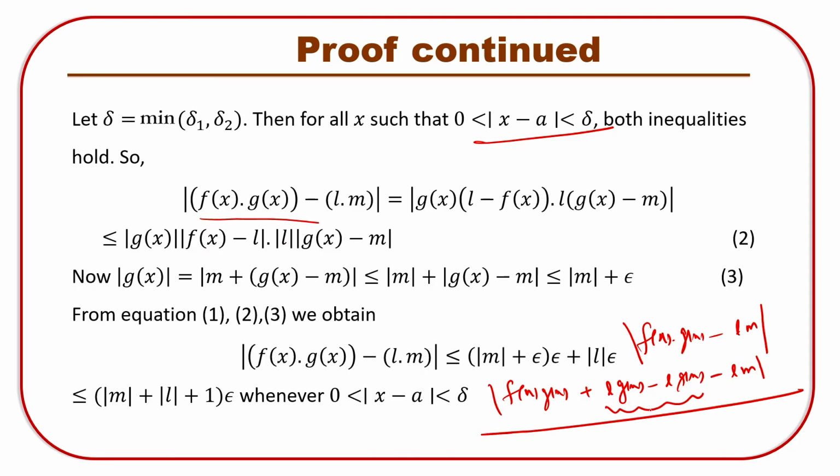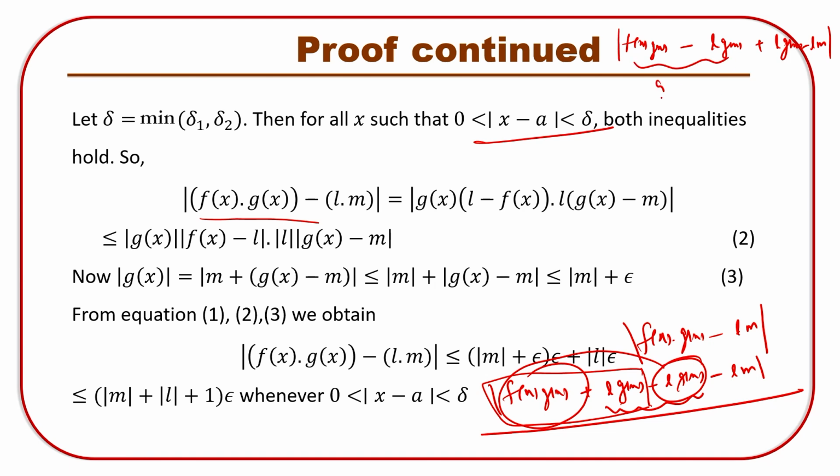So what we have done is add and subtract one term, L into g(x), and then simplify. The first term becomes this one, taking g(x) as common from here and here. So the modulus of f(x) into g(x) minus L into g(x) plus L into g(x) minus LM.